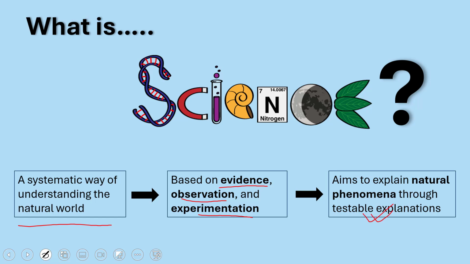The ultimate aim of science is to be able to explain natural phenomena, things that happen around us, and they should be testable and we should be able to verify our findings. Science helps us understand so many things around us.